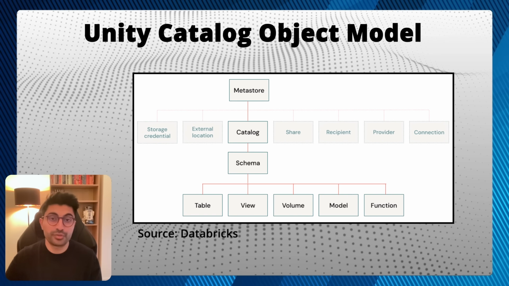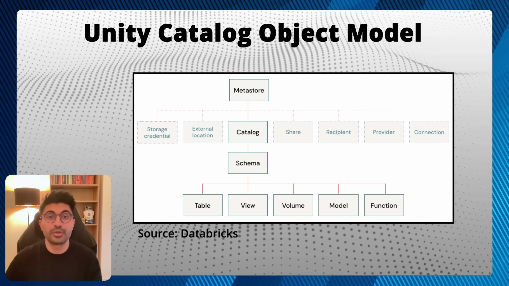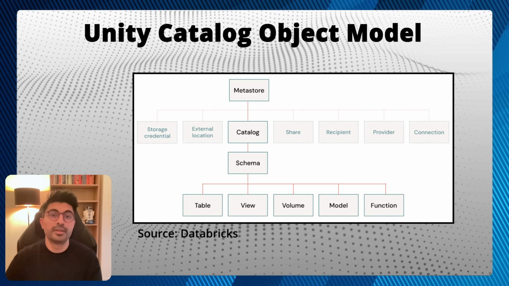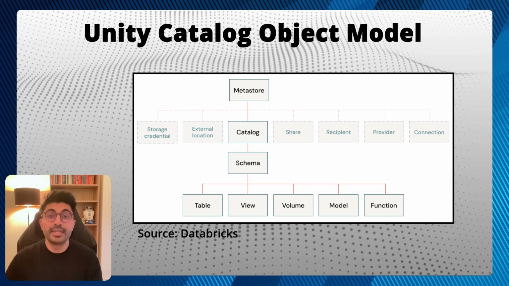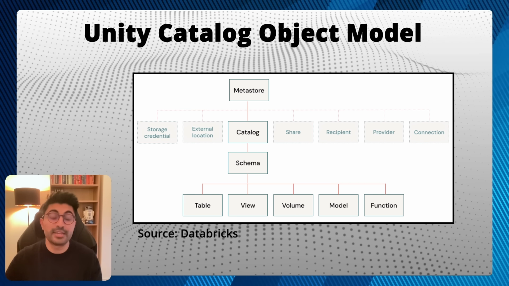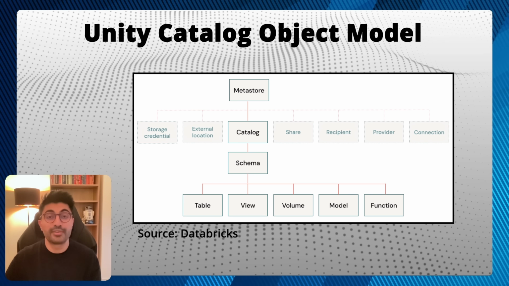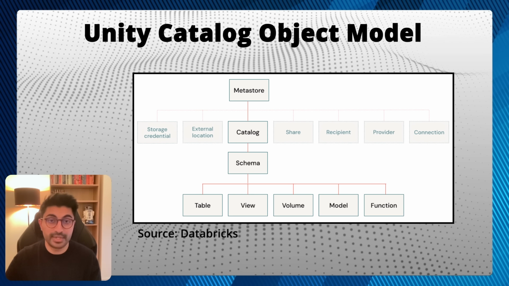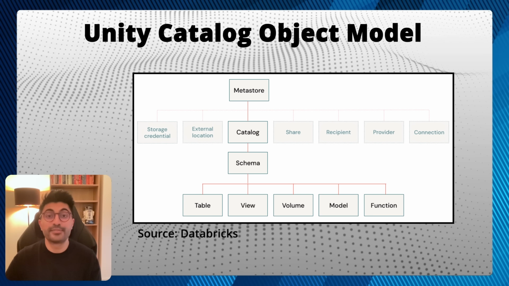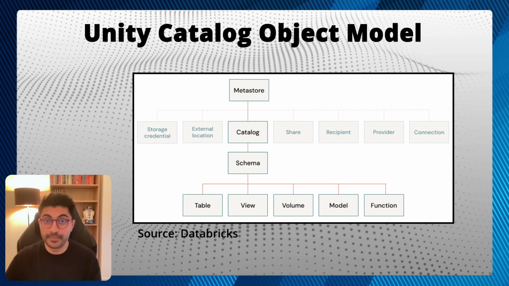So the image on the screen depicts the Unity Catalog data objects. The metastore is the top-level container for metadata. Each metastore exposes a three-level namespace. So you have catalog, schema, and table. That's how you reference your data. Catalog is the first layer of the object hierarchy.